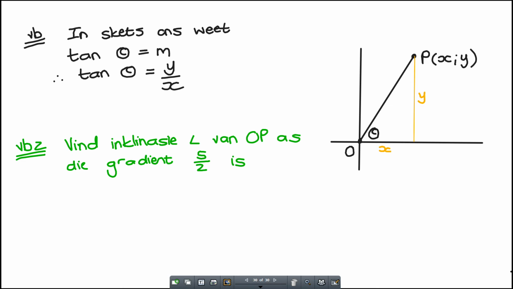So I'm saying find the angle of inclination of OP if the gradient is 5/2. Okay, so because they talk about angle of inclination, I'm going to know that I've got to use the formula of tan theta is equal to the gradient. Okay, now what was given to me? The gradient. So dan gaan ek sê tan theta is gelyk aan 5/2. There's your first mark. Okay, vir die formule en die instel daarvoor.